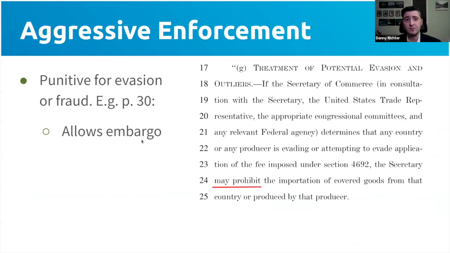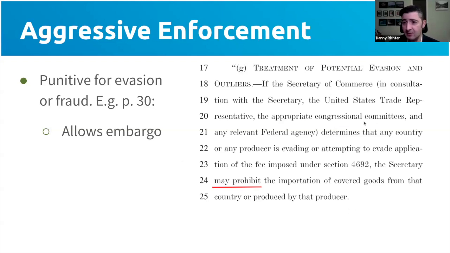It also calls for really aggressive enforcement. And I would go so far as to say, so here's one example. This is it being punitive for evasion or fraud. And here, just this underlying point: the Secretary may prohibit the importation of covered goods from that country or product by that producer.